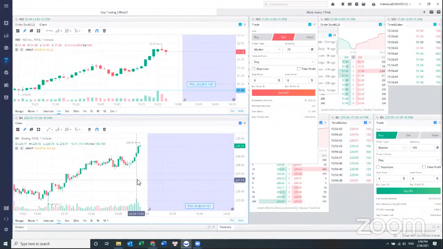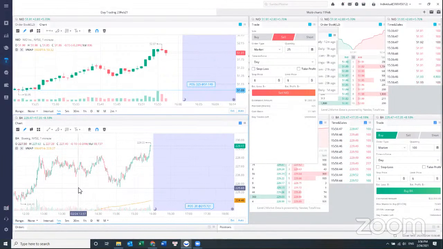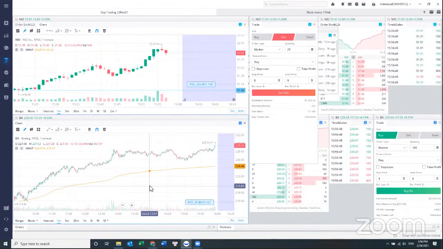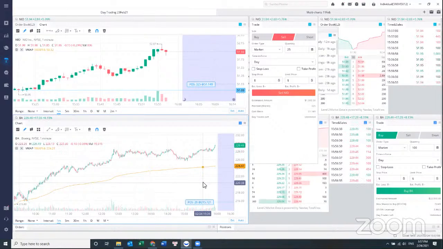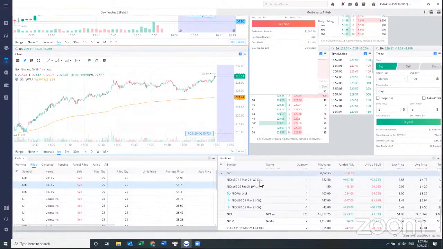Today it's close to 230. I'm going to be conservative and say a $10 move up. Obviously, that's close to $20. But if I made $10 on the move up times 20 shares, that is about $200 on the shares for me on Boeing.